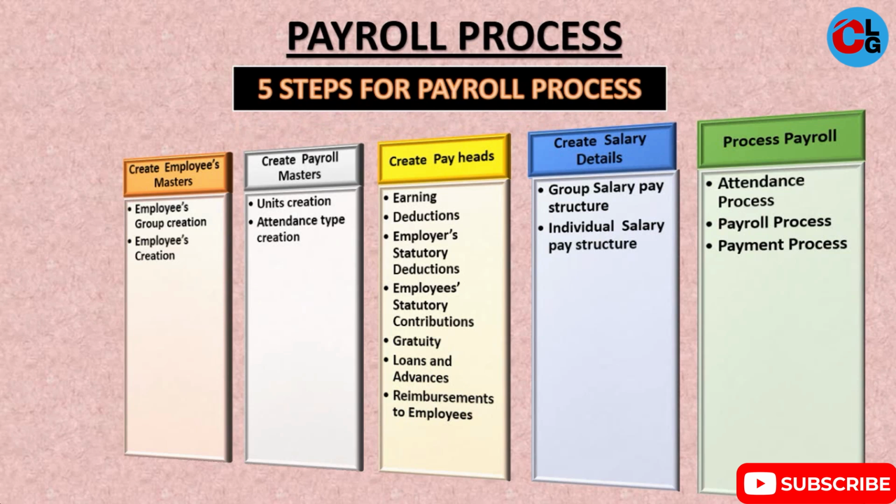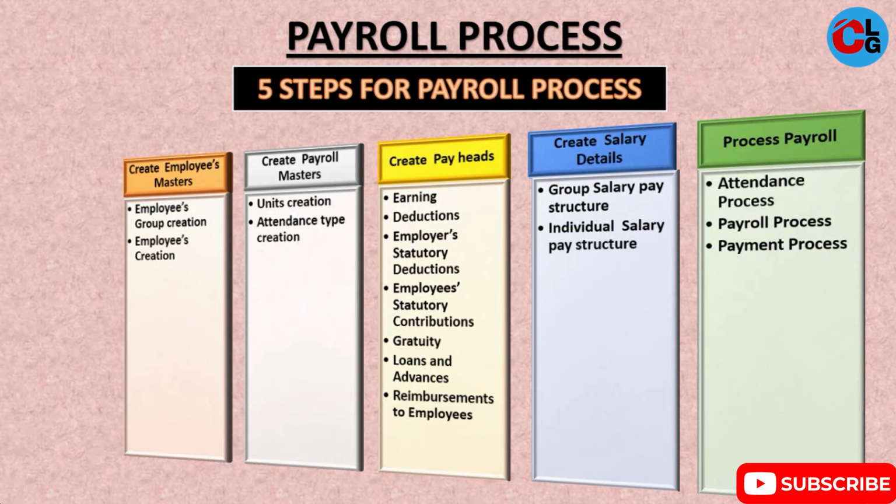As per the payroll process, the first step is to create the employee masters. Under this, you need to create the employee group, and after that, the employees. The second step is to create the payroll masters. Under this, you need to create the units and the attendance types.